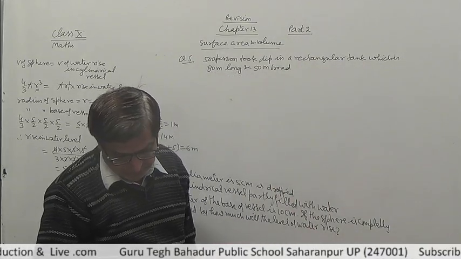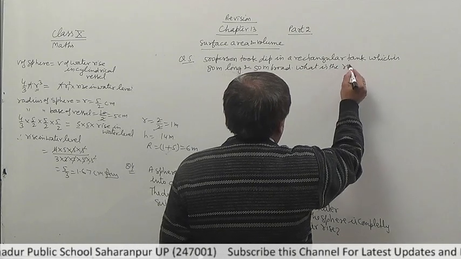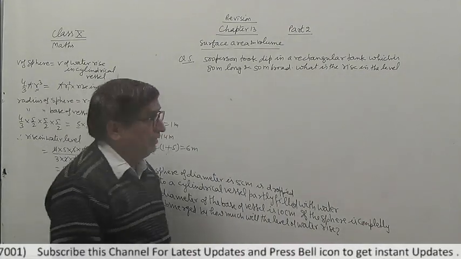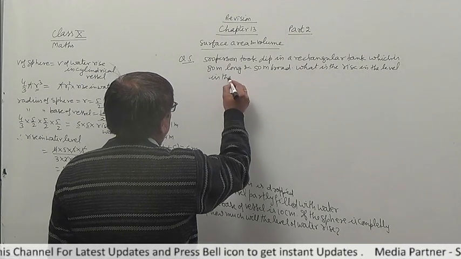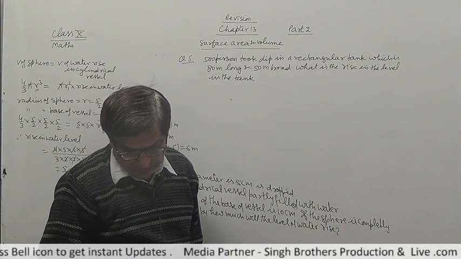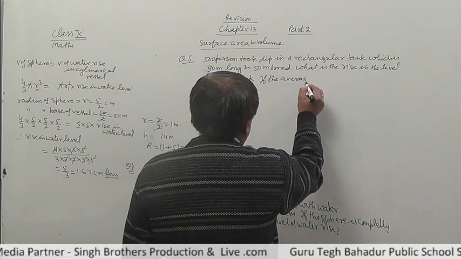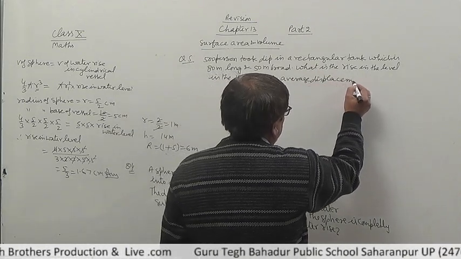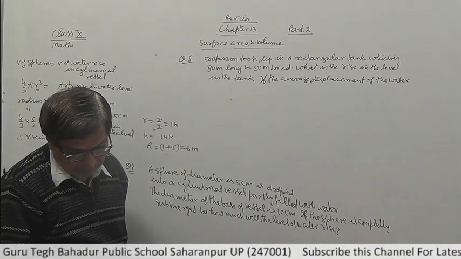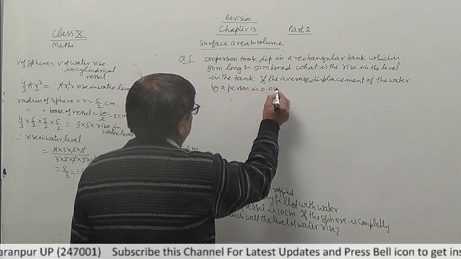What is the rise in the level of water in the tank if the average displacement of the water by a person is 0.04 meter cube?